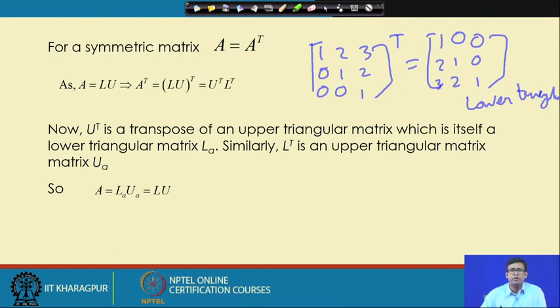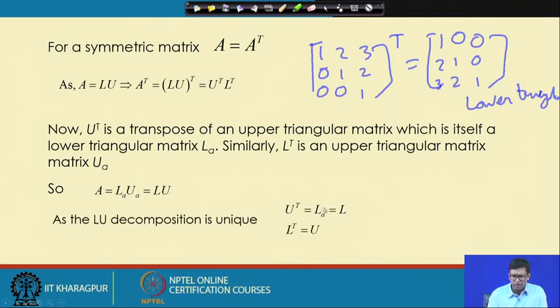There is only one pair of L and U which is possible for a particular matrix A. So, LA must be equal to L and UA must be equal to U. So, U transpose, which is LA, is L for a symmetric matrix, and L transpose is equal to U. So, we can write A is equal to L transpose U transpose, or sorry, A is equal to U transpose U, that is what we can write.